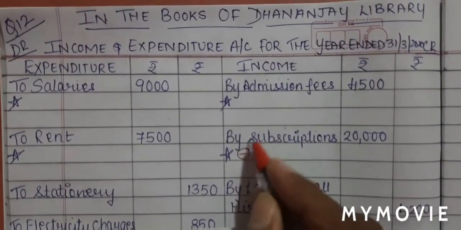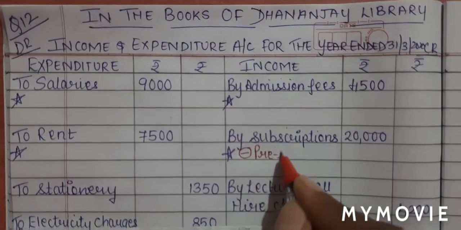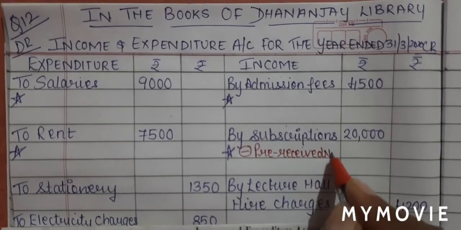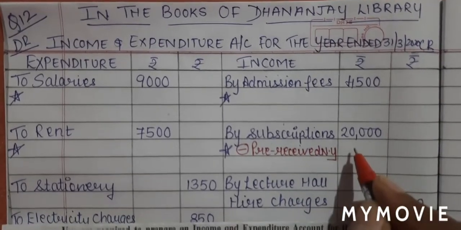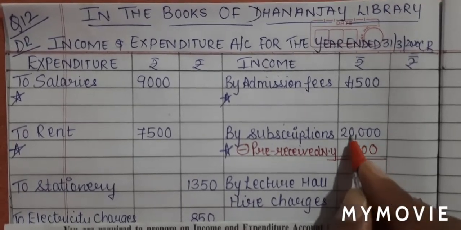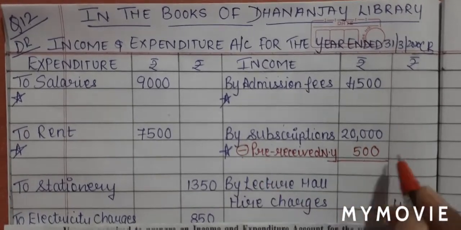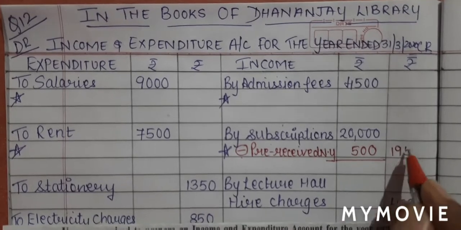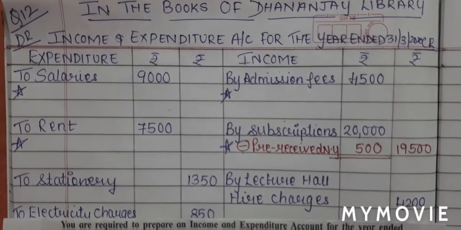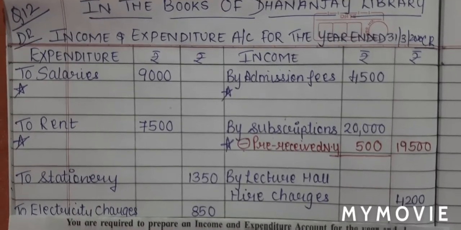I'll say less pre-received, which is for my next year. So the amount is rupees 500. So 20,000 minus 500 will give me 19,500 in the outer column. This is my first effect for pre-received income.